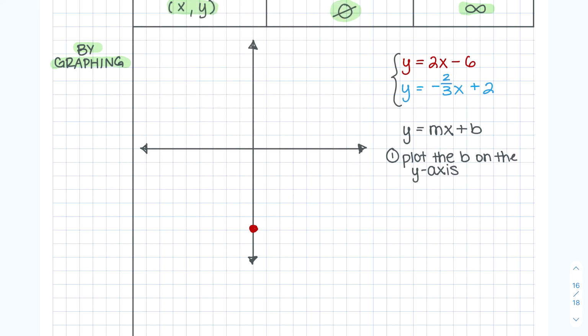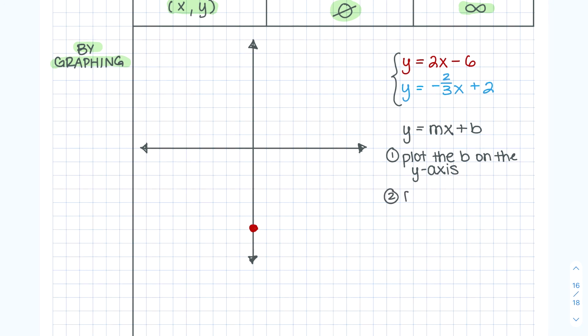The second thing I want to do is I want to find the rise and run from the m to move to the next point.